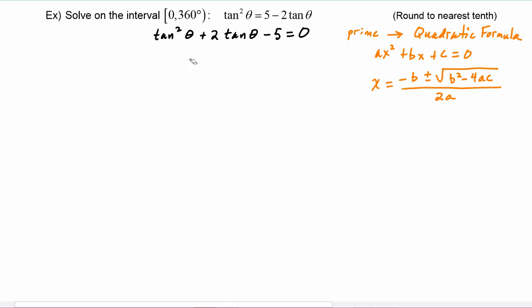Now when we look at our equation, you have to remember that the tangent variable is acting like the x variable over here. So then the coefficient of the tangent squared will be a. So in this case, a is going to equal 1, b is going to equal 2, and c is going to equal -5.